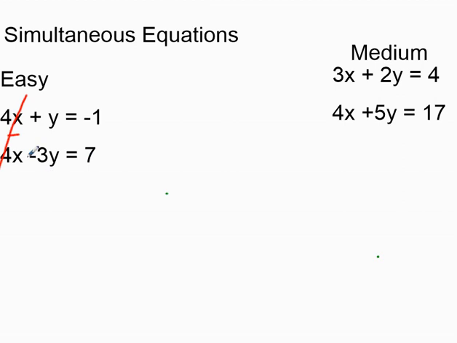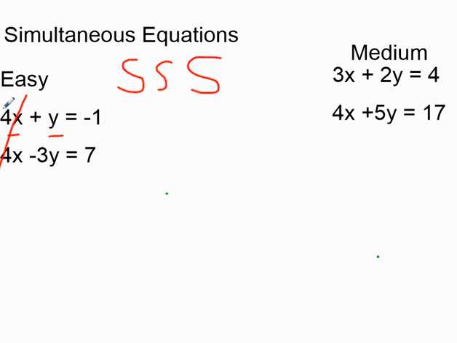So we've done 4x take away 4x. Now we're going to do negative 3y take away positive y. Remember that this takeaway happened because you have the same signs for the 4. Both 4s here are positive. So we have what we call SSS, same sign subtract.